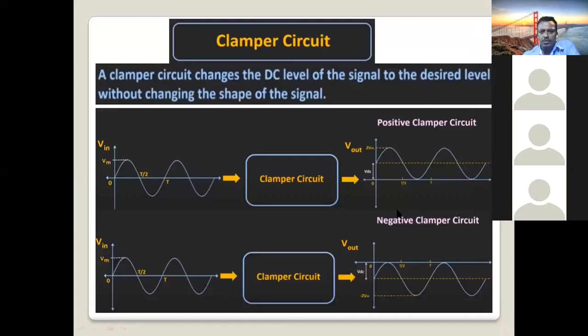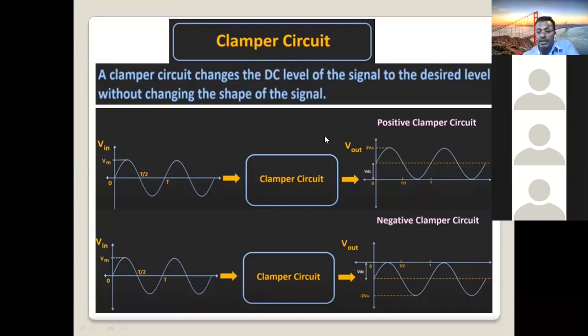Just to revise what we have discussed so far, we are discussing the clamper circuit, another wave shaping circuit. We discussed clippers before, which are used to cut or remove part of a signal, either negative or positive clipper.